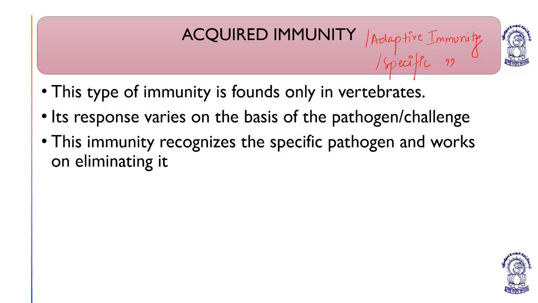This immunity is specific and mediated by antibodies or lymphocytes or both. This type of immunity is found only in vertebrates. Its response varies on the basis of the pathogen or the challenge, stress. Thus, the immunity recognizes the specific pathogen and works on eliminating it.